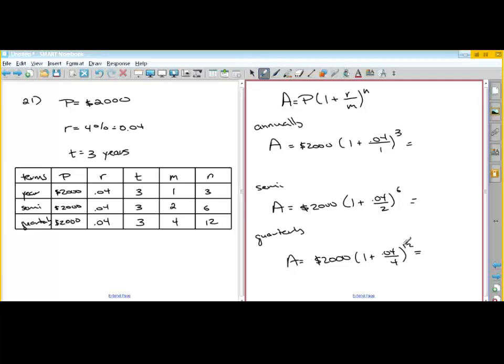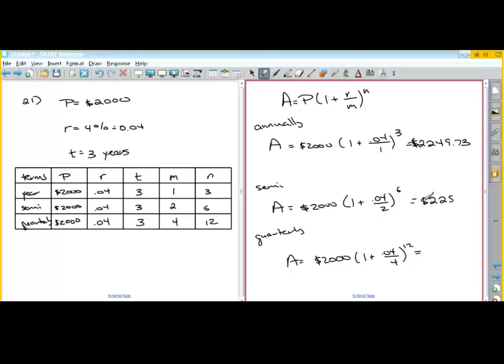So the first one is 1 plus 0.04, which is 1.04 raised to the 3rd power times 2,000. And I get $2,249.73. Next one, I take 1 plus 0.04 divided by 2. That's 1.02 raised to the 6th power times 2,000.